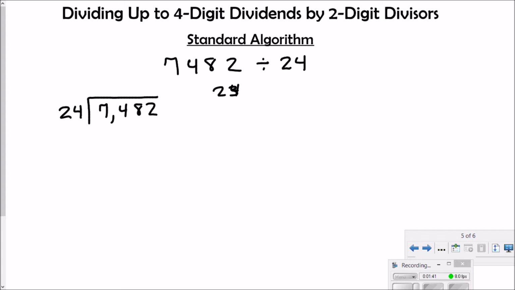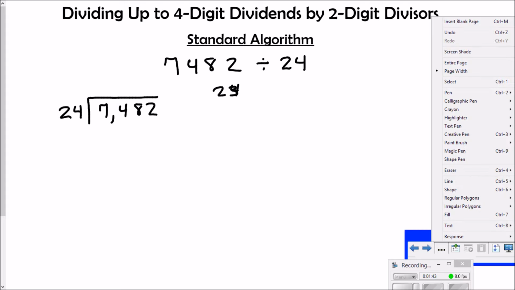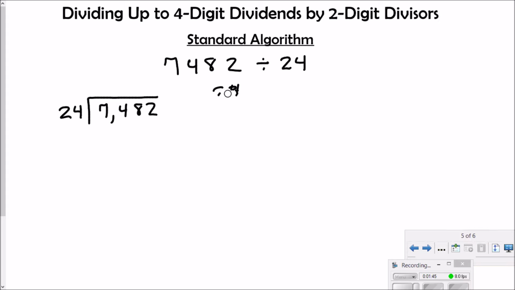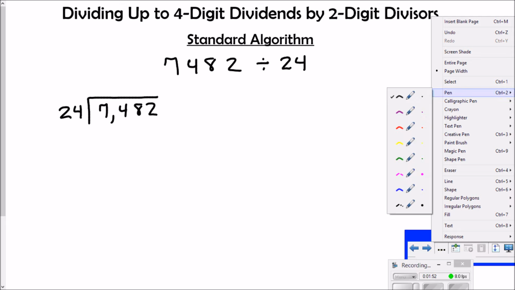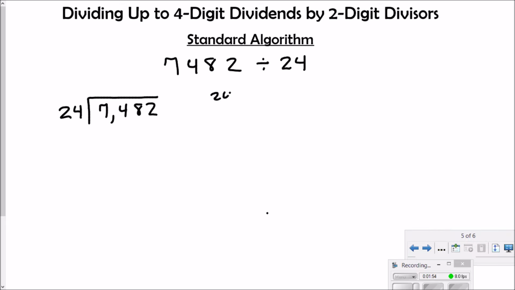So off to the side over here, I am just going to verify that my guess is correct. 24 times 3 is 72, so therefore it's less than 74. So I'm going to put a 3 up here in the hundreds place and subtract 72 from 74 to get 2. Now, we're going to bring down this 8. 24 will go into 28 once.